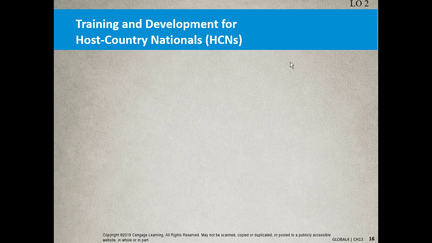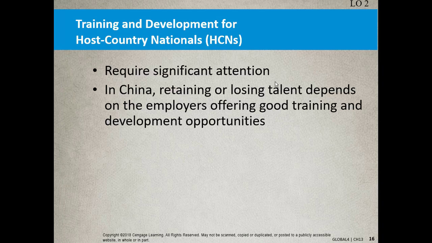Training and development for host country nationals. So again, this is for these local managers. Since I used the example of Barcelona, Spain earlier, let's go with that. This is someone who works in that division, requires significant attention. In China, retaining or losing talent depends on the employers offering good training and development opportunities.